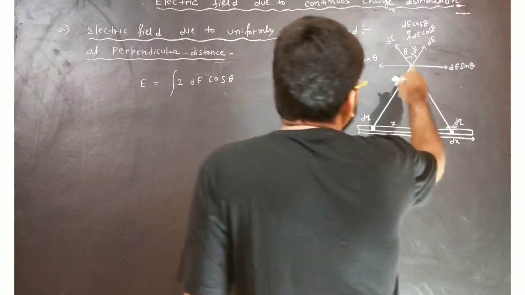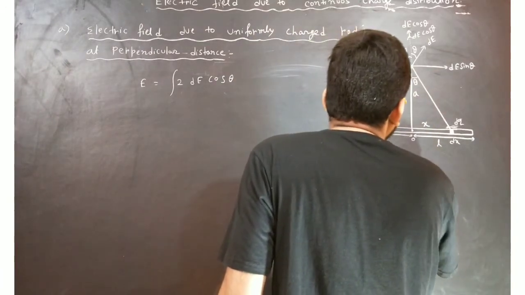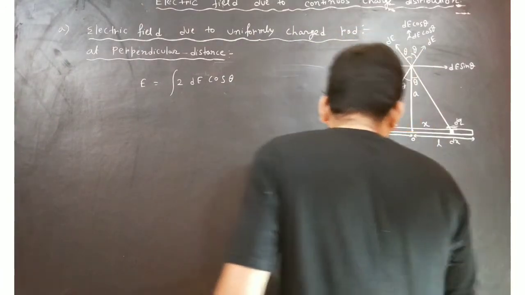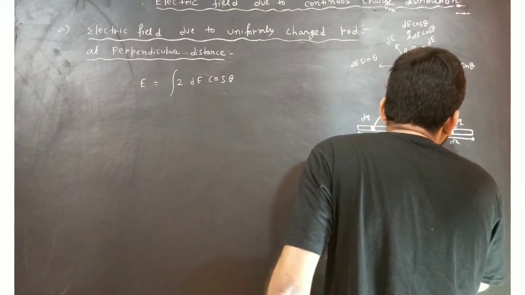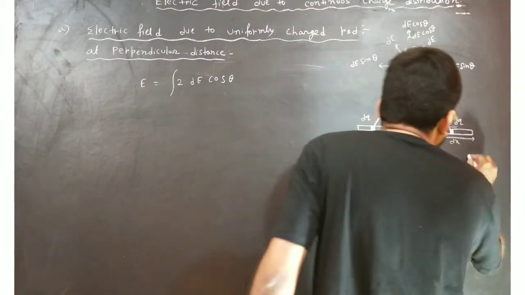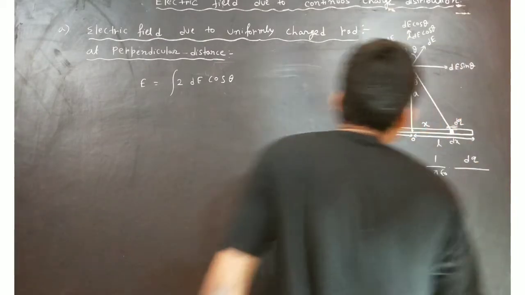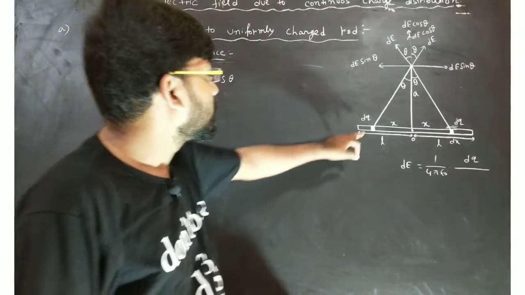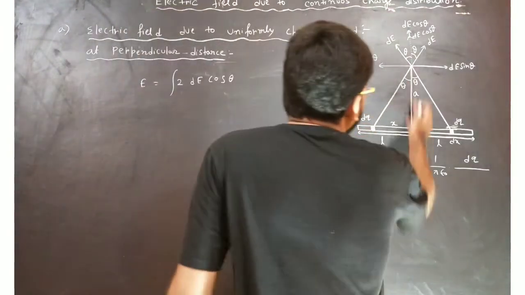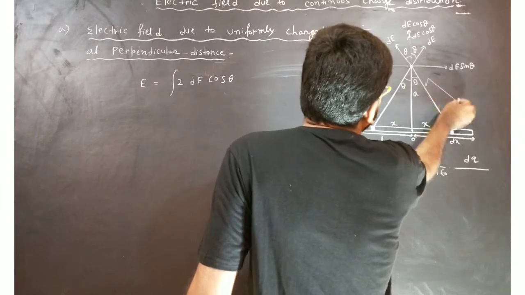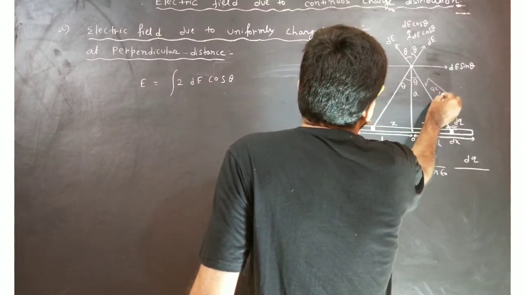In terms of x, dE will be 1 upon 4 pi epsilon naught into dq divided by the distance squared. The distance from dq to the field point, as this is a and this is x, will obviously be root of a square plus x square.